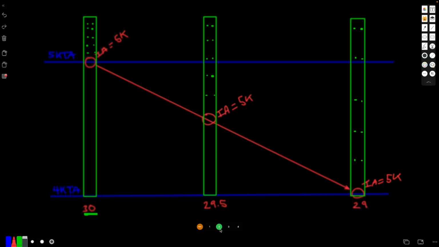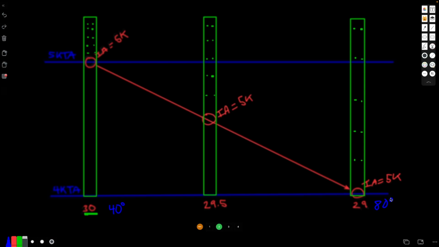Let's demonstrate that really quickly here. Let's say on this area where the pressure is 30, the temperature is 40 degrees. And over here where the pressure is 29, the temperature is 80 degrees.